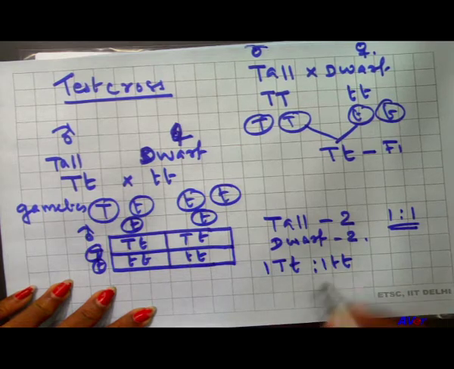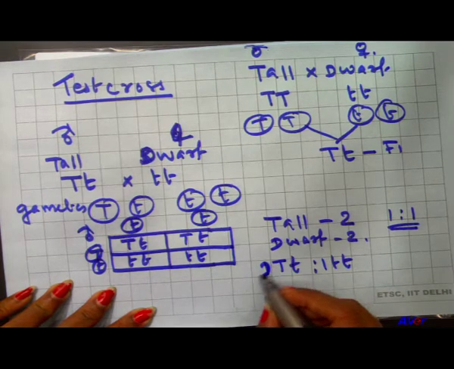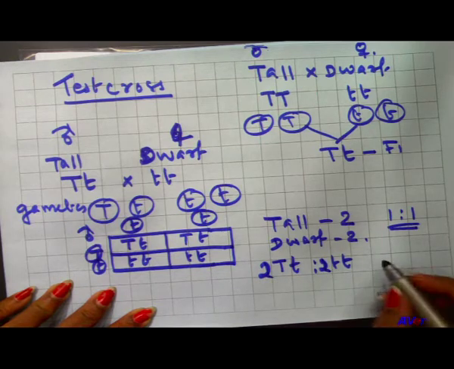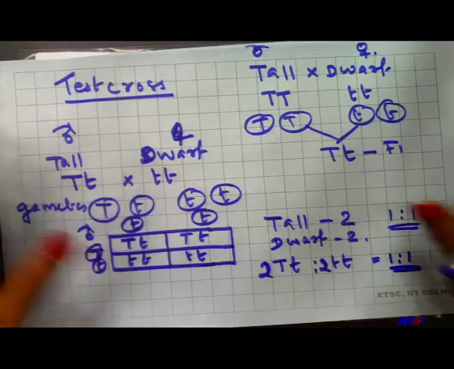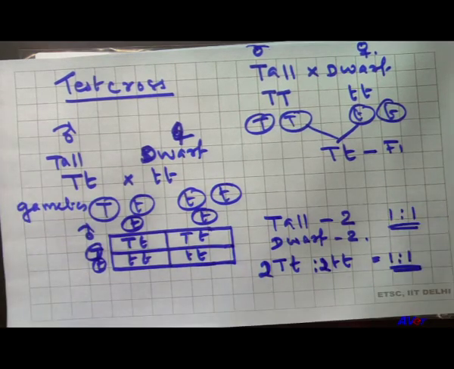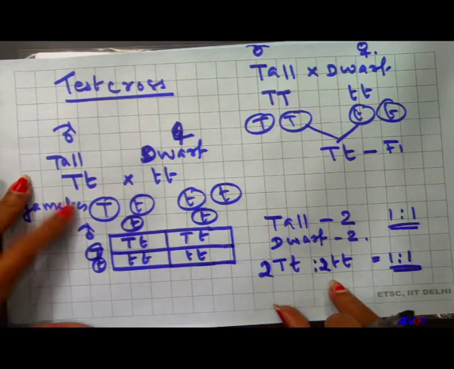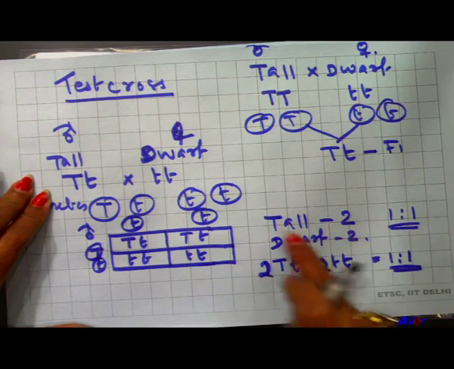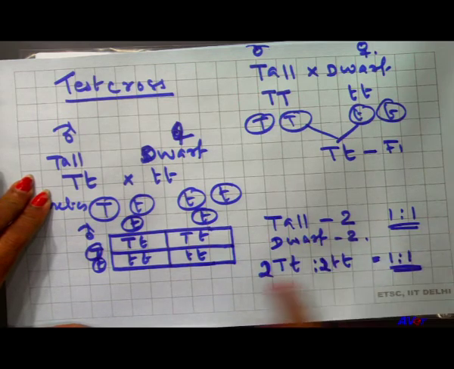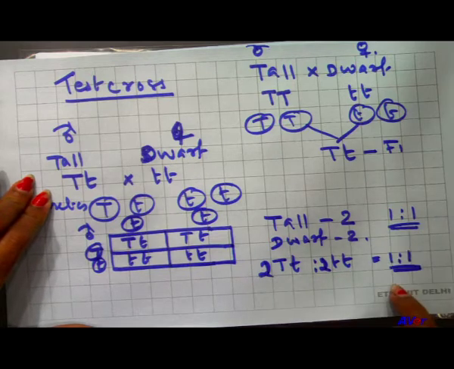Here it is 2 and 2, that equals 1:1. Can you come to a conclusion after seeing this ratio? Yes, the phenotypic ratio as well as the genotypic ratio will remain the same, that is 1:1.